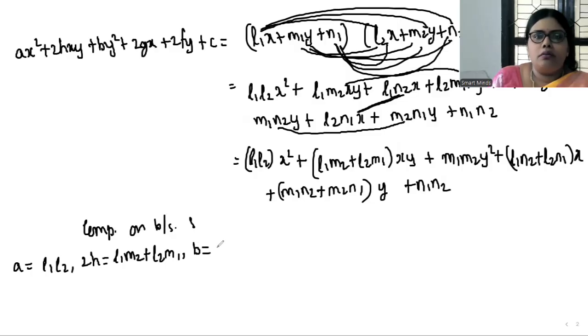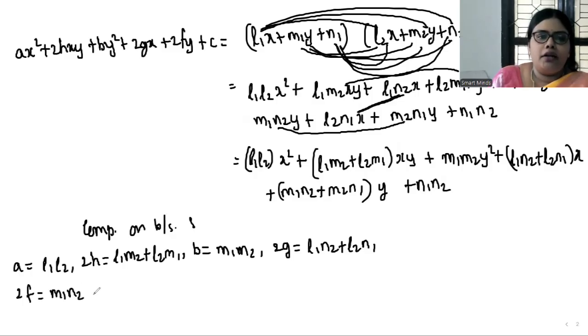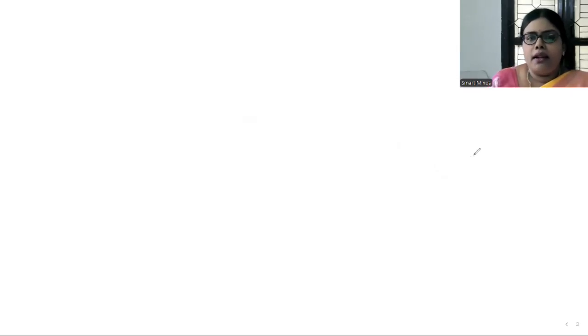B is equal to M1 M2. 2G is equal to L1 N2 plus L2 N1. 2F is equal to M1 N2 plus M2 N1. C is equal to N1 N2. Okay, after comparing, like the second theorem, again we will take perpendicular distances.